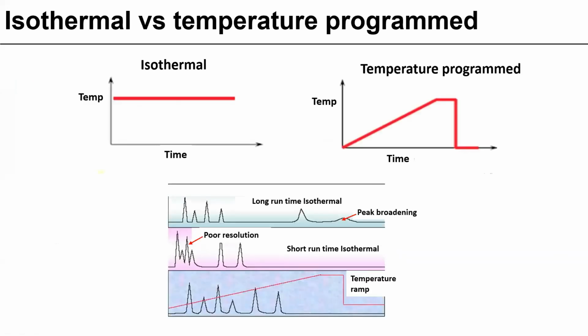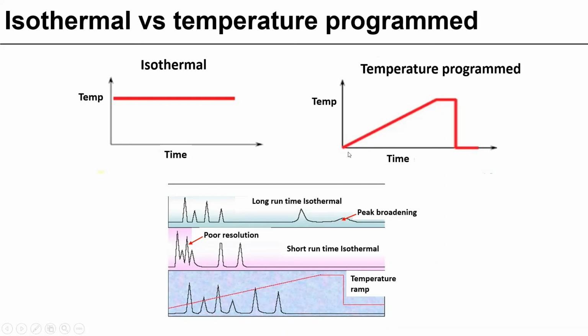All right, so one of the things that they don't really discuss in that video, but that's important for our experiment, is that the separation of those compounds is facilitated by the temperature of the GC oven. And there are two general ways in which you can run a GC. You could use an isothermal temperature program, which maintains a single temperature for the entirety of the GC run.